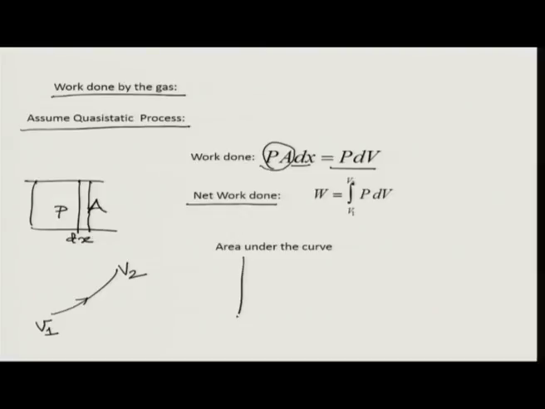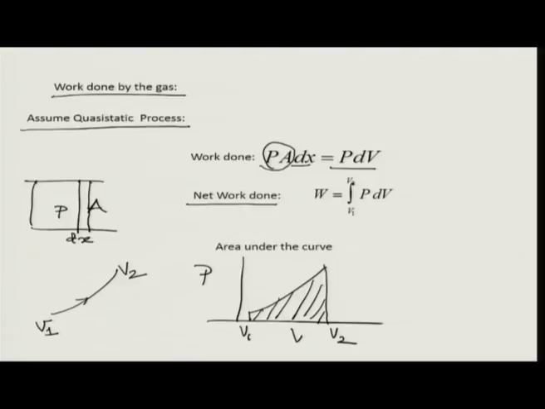Now, if I recall my PV diagram, this is the PV diagram, let us say. So, what does it imply? I am integrating PdV. This is my initial volume V1, this is my final volume V2, and this is the work done. So, work done is simply the area under the curve in this PV diagram.